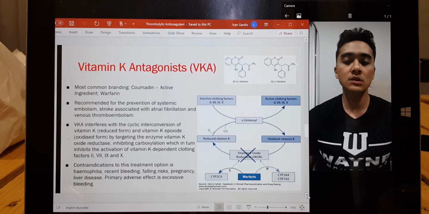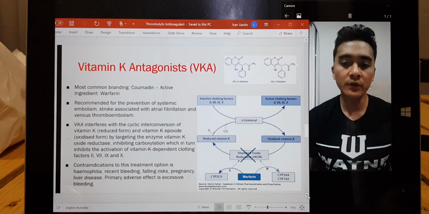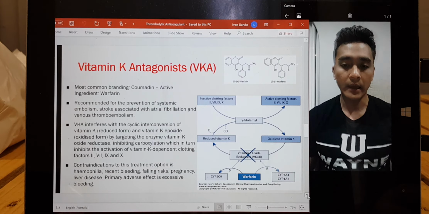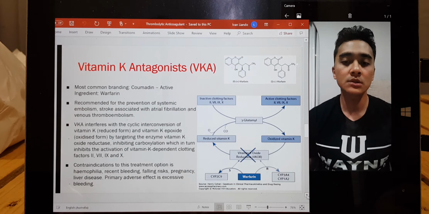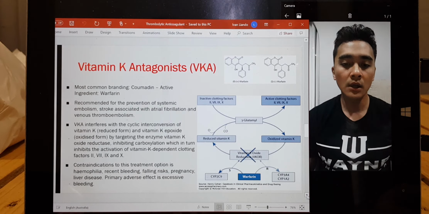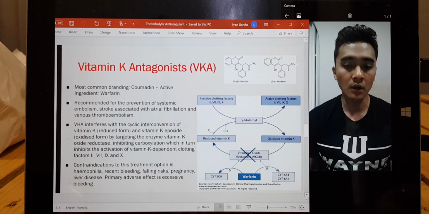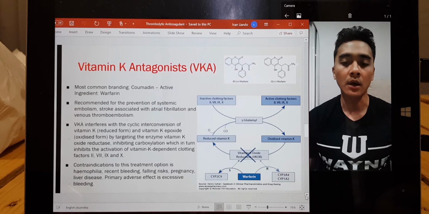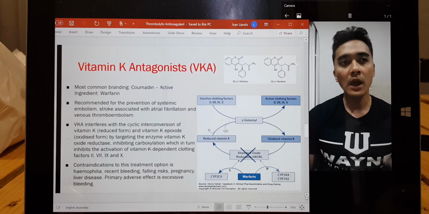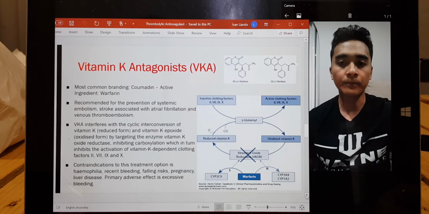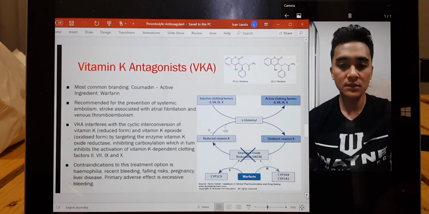And the way it works in the liver is that warfarin targets an enzyme called vitamin K epoxide reductase. As the name implies, it reduces vitamin K epoxide to vitamin K, its reduced state, which is needed for carboxylation, along with oxygen, carbon dioxide and gamma-glutamyl carboxylase, to activate those vitamin K dependent clotting factors.